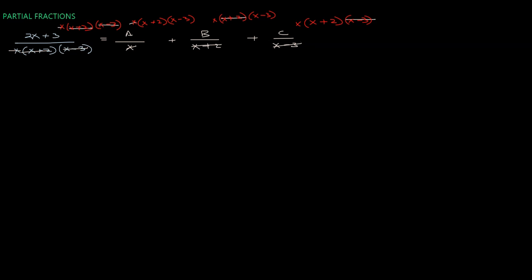So our equation remains as 2x plus 3 equals A times x plus 2, x minus 3, plus Bx times x minus 3, plus Cx times x plus 2.